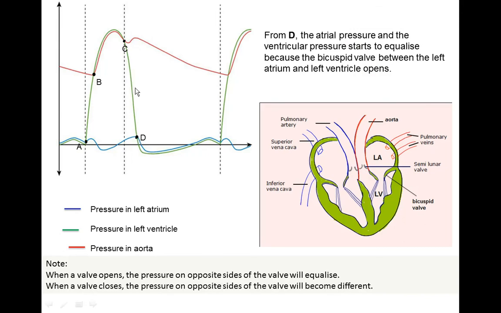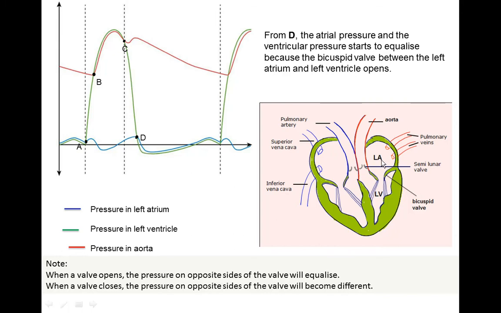Right? Before point D, the pressure in the left ventricle and the pressure in the left atrium are different. Left atrium, left ventricle pressure different, meaning that the bicuspid valve was closed. Now, from point D onwards, what happened? At point D, suddenly the pressure in the left atrium equalizes with the pressure in the left ventricle.